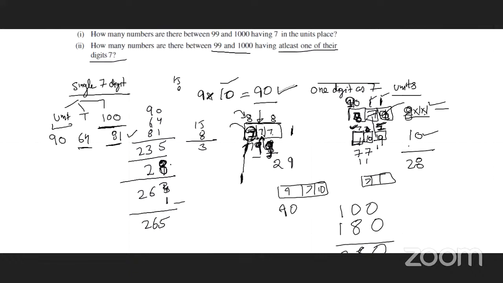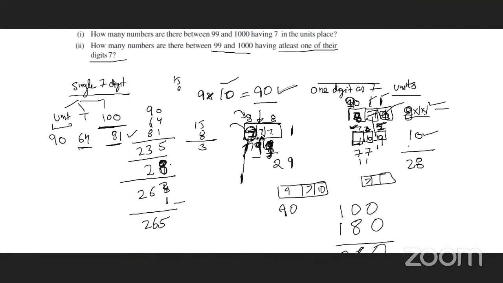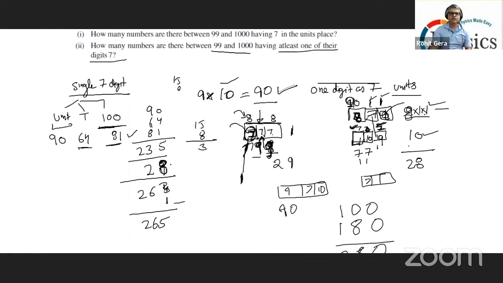But 77 will not be considered. Repeat of 7 is not allowed. 777 is not allowed. 771, 772, 773, none of this is allowed. 770 is also not allowed.